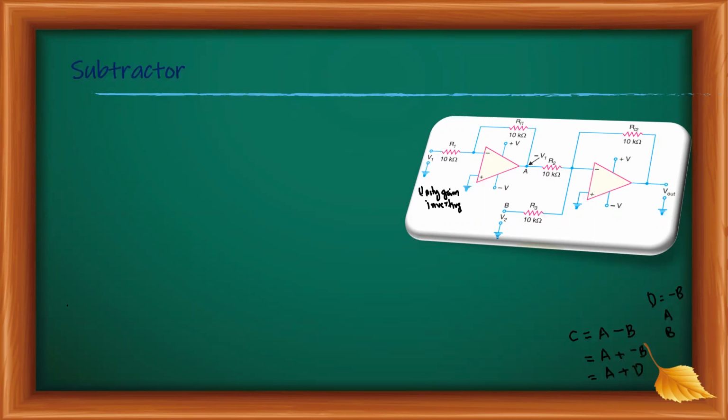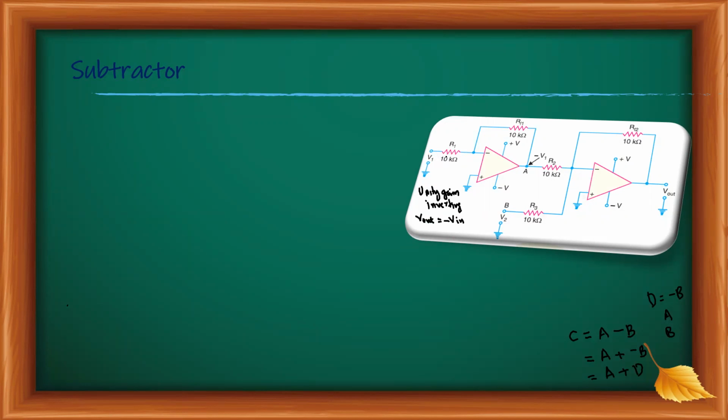Its output V out must be equal to minus V in. Here we give the input V1.